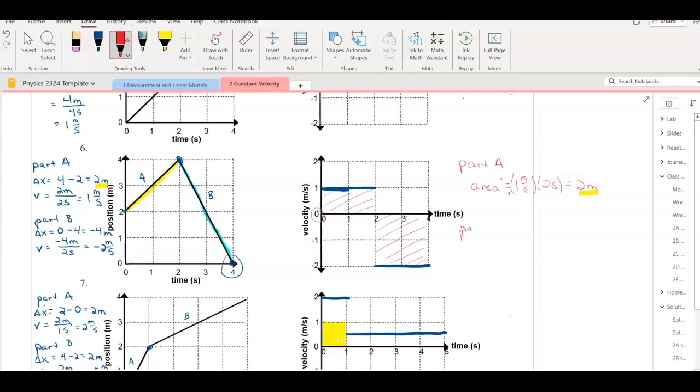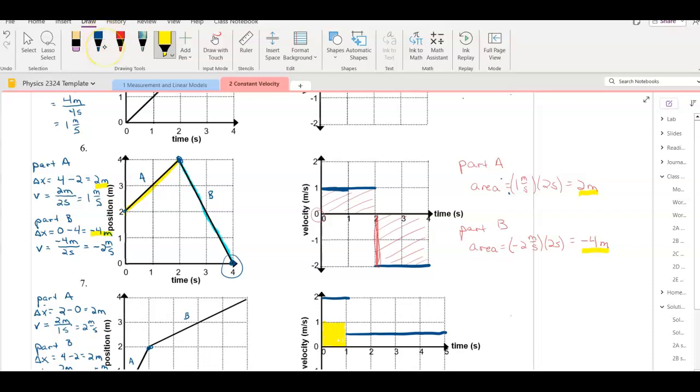Let's see if that works for part B. The area, now the height, if you will, of this shaded area is negative because it's under the x-axis. So I have negative 2 meters per second times 2 seconds. Okay, so that's an area of minus 4 meters. And that minus 4 matches the displacement for part B of the trip.